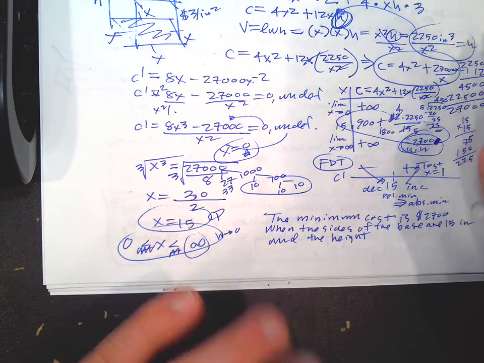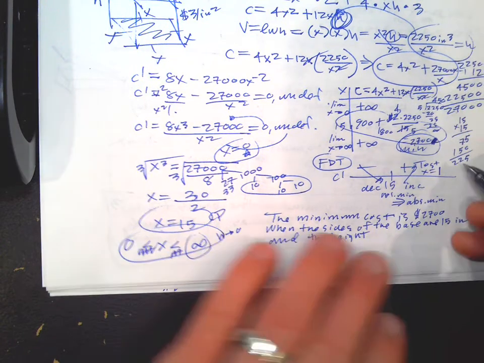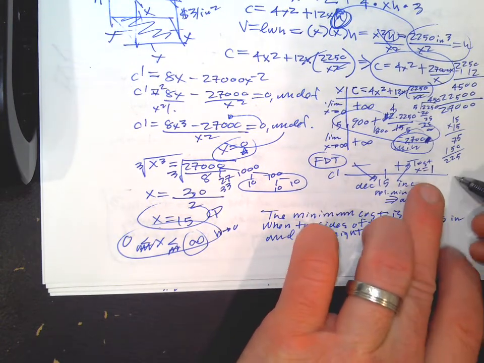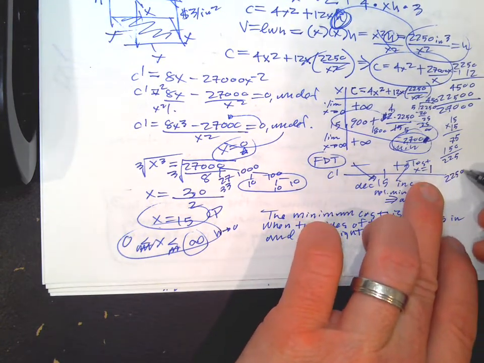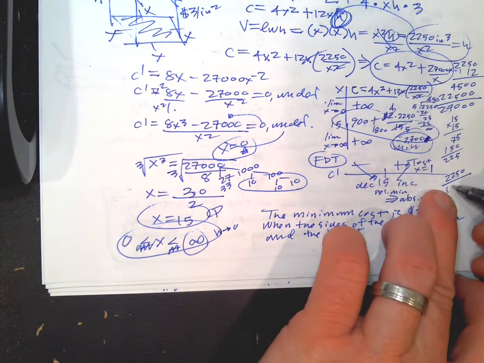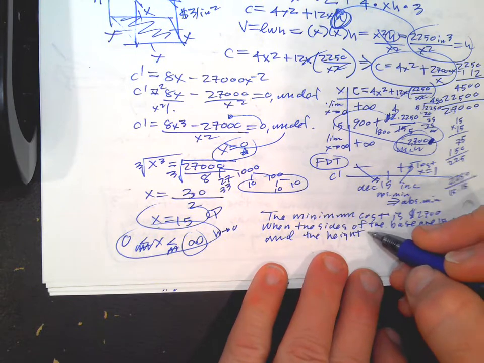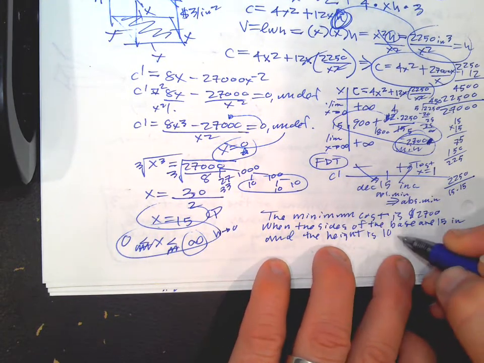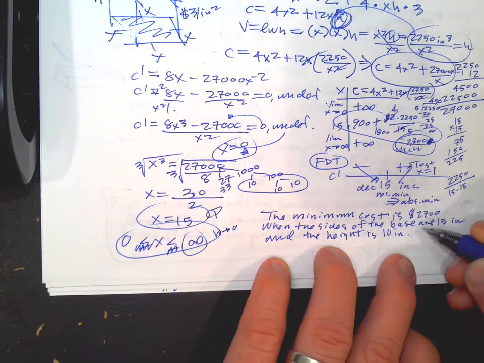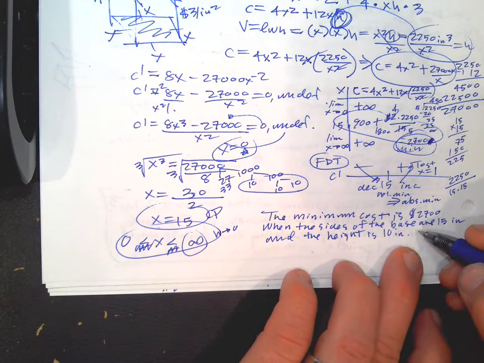We could plug it in here too. It's going to be 2250 divided by x squared, 15 and 15, which is 225. So I think it's 10. Height is 10 inches.